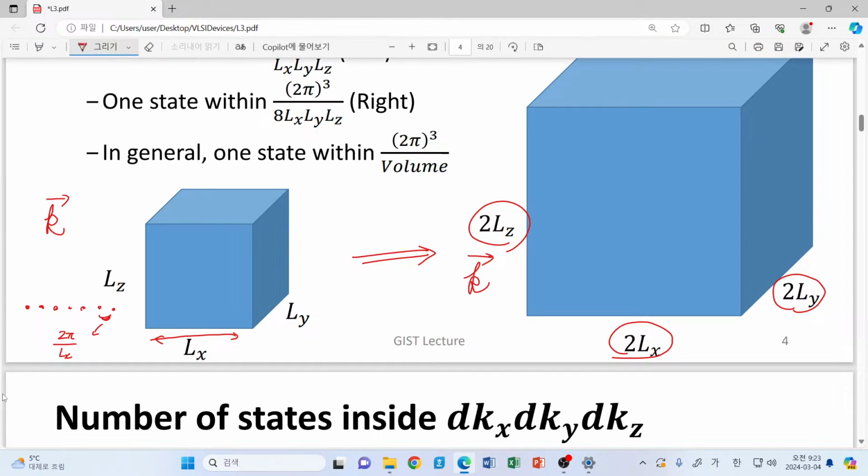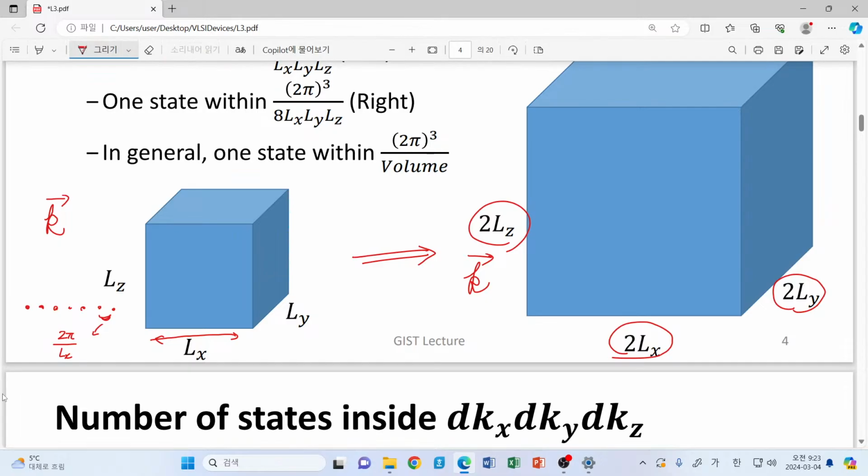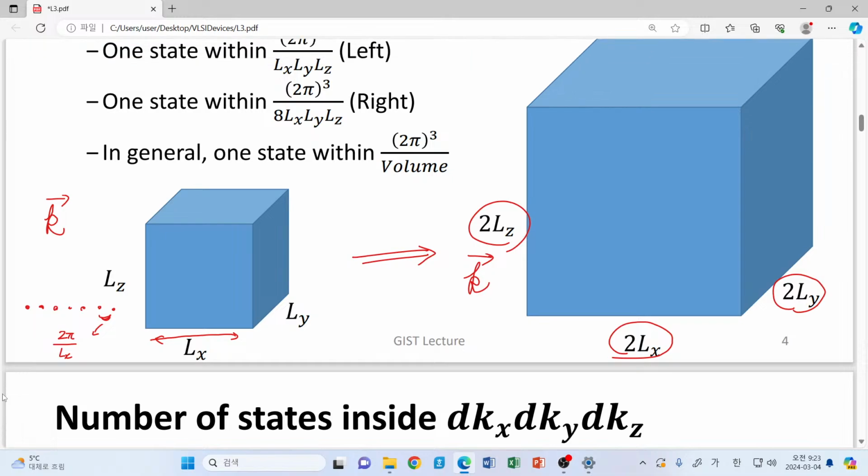So please don't be pulled by this one. Maybe some of you will say that the difference between these neighboring k points is not 2 pi over Lx but 2 pi over a. No, it's not. A is used as a unit cell size, which is quite small, so this 2 pi over a becomes quite a large number.